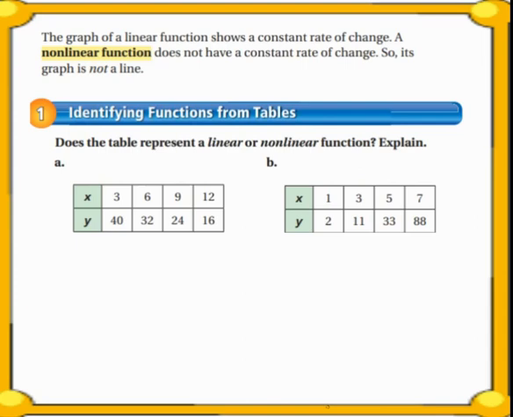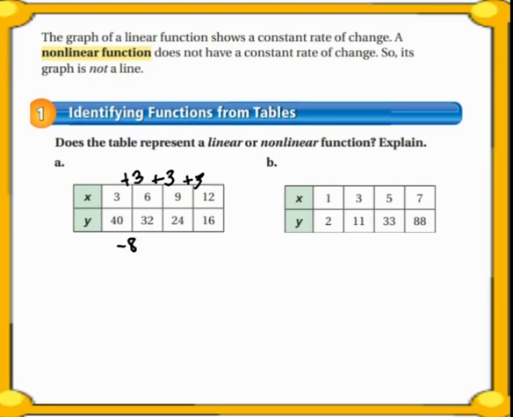So here we go. We have two tables, and we can see, are they linear or not? You check out the x values first, and you can see that 3 plus 3 is 6, plus 3 is 9, plus 3 is 12. That's a constant change. On the bottom, if you take 40 minus 32, you get 8. So it goes down by 8.